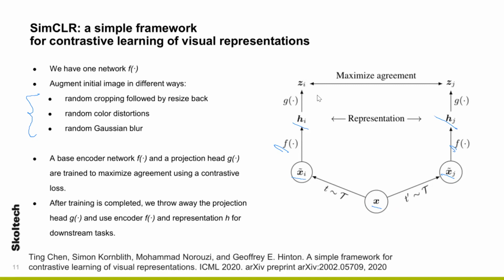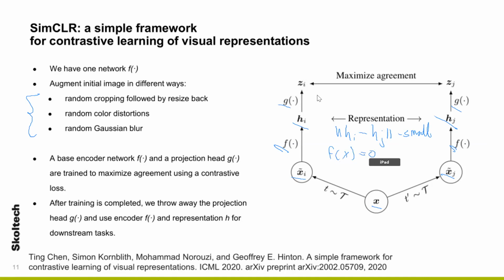Then we have this additional projection head. I think we need this because we need to think about what kind of features of the image we keep and match in this representation. In the first place, you could say you want this distance to be small, but that doesn't sound like a very good idea, because we can say, okay, we move all h to zero, so f(x) is 0 and the distance would be small.